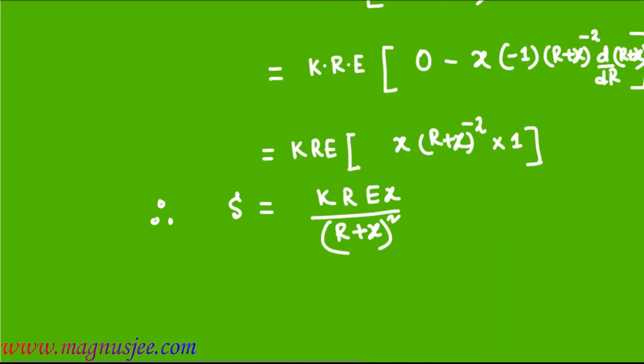S equals K R E X divided by (R plus X) whole square. This is the sensitivity of the Wheatstone Bridge.